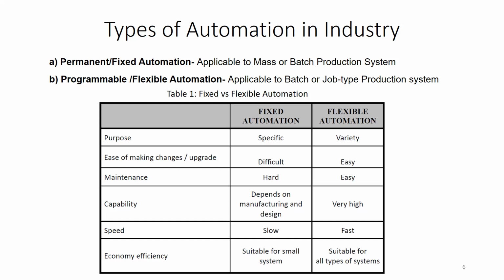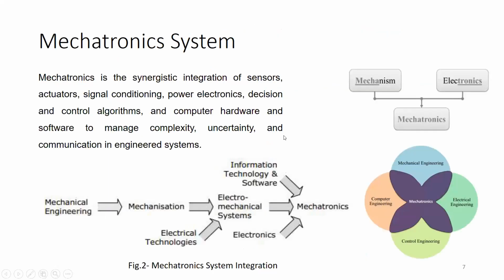So here also, if I am talking of types of automation in industry, this automation is applicable to different types of industries, that means different types of manufacturing systems. So manufacturing, or you can also call it a production system.